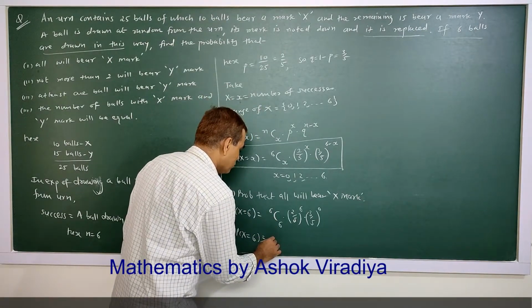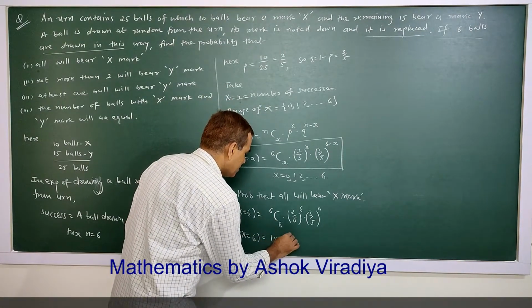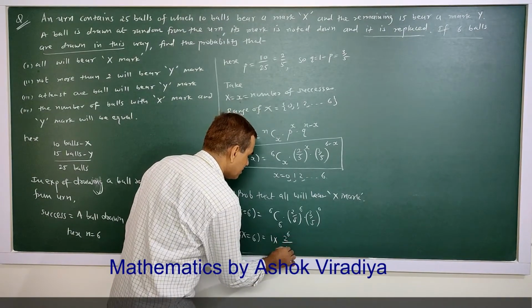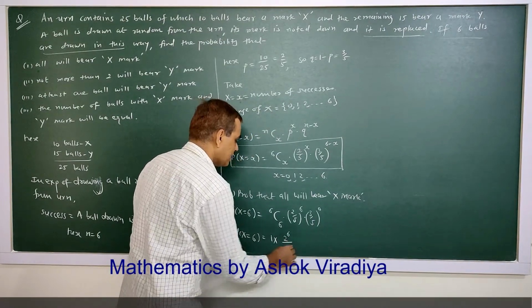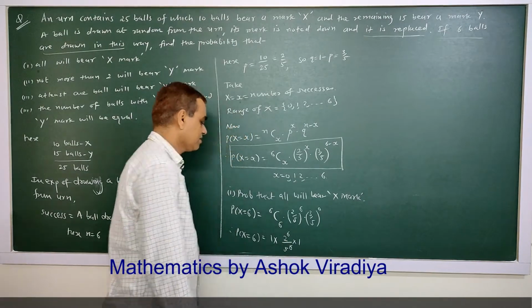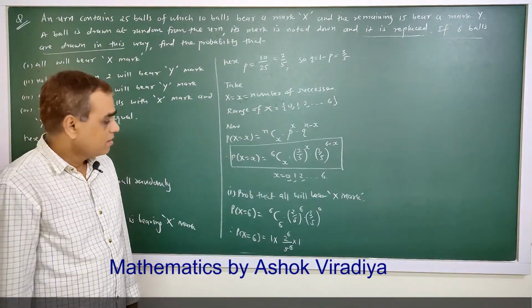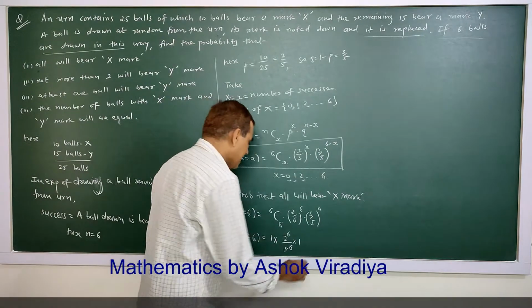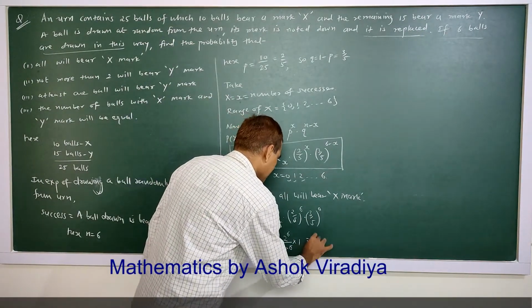So 1 into 2 raised to 6 upon 5 raised to 6 into 1. This can be calculated using a calculator.